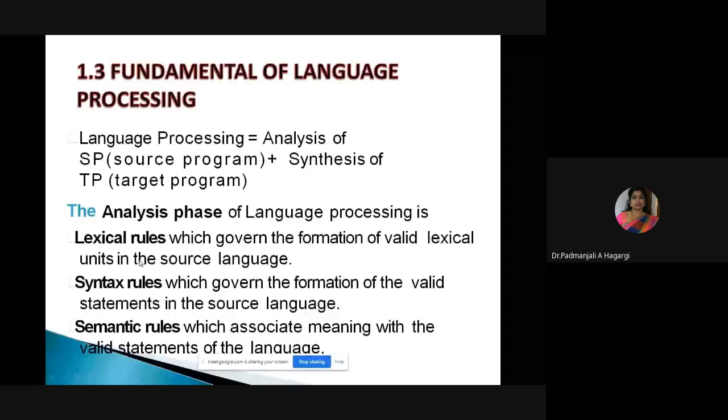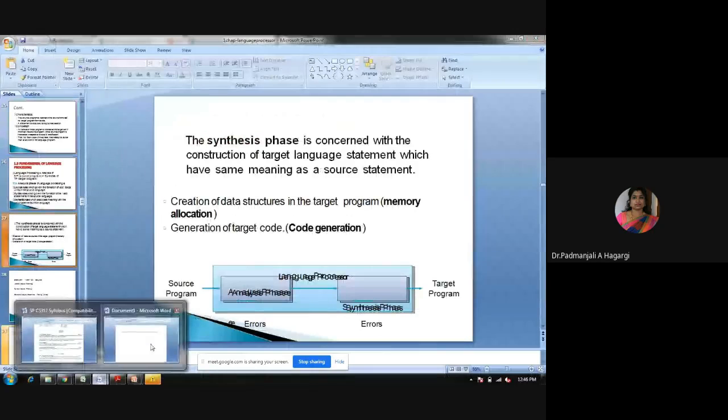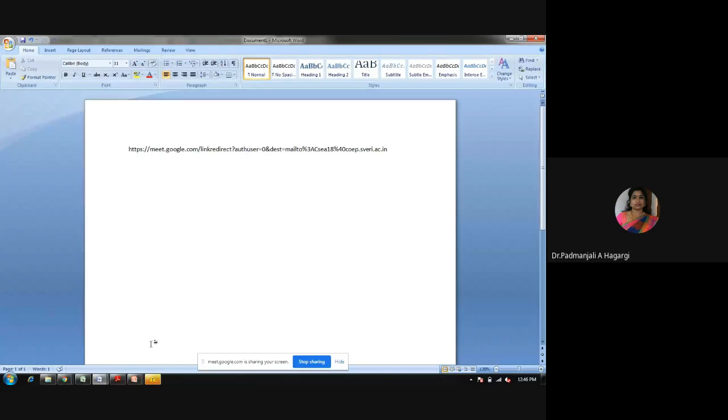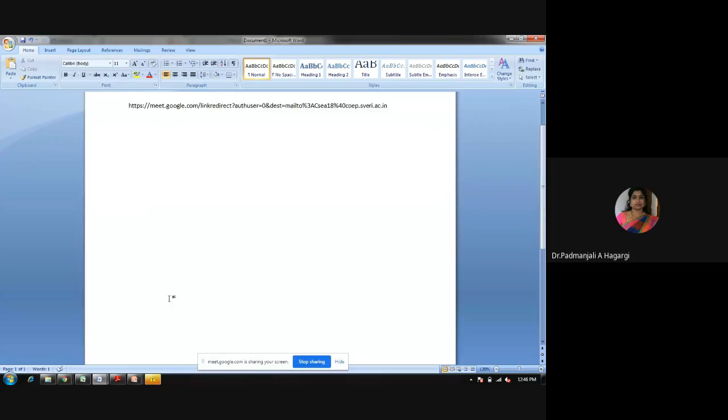Like, say for example, int a comma b comma c. I will show you: int a comma b comma c, and after this I have given a semicolon, but int is capital here.